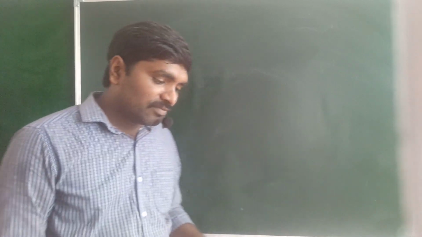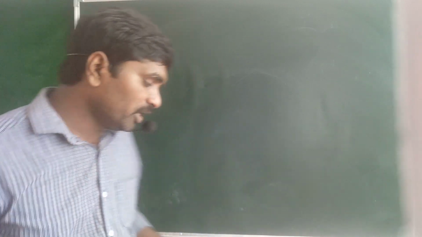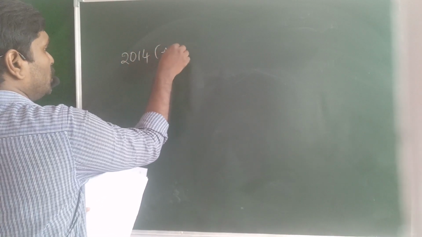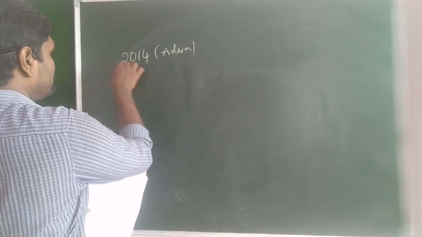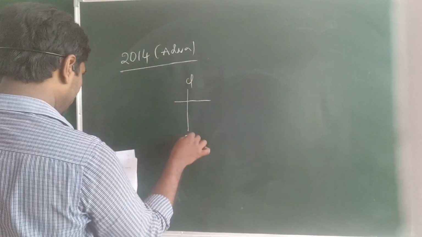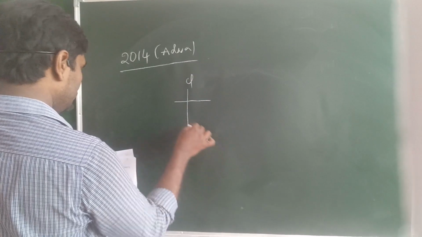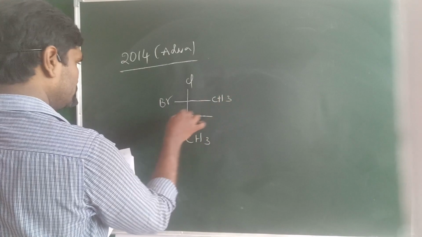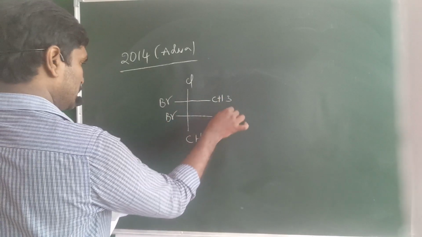The total number of stable conformers with non-zero dipole moment for the following compound, which is from 2014 Advanced. So the molecule may be like this: Cl, CH3, Br, CH3, Br, Cl.